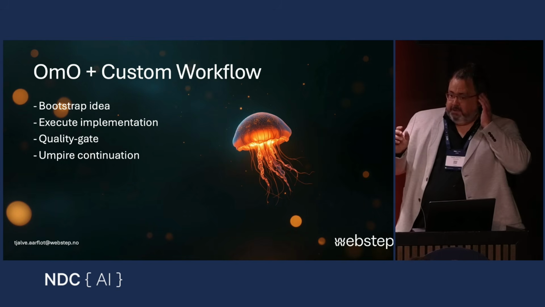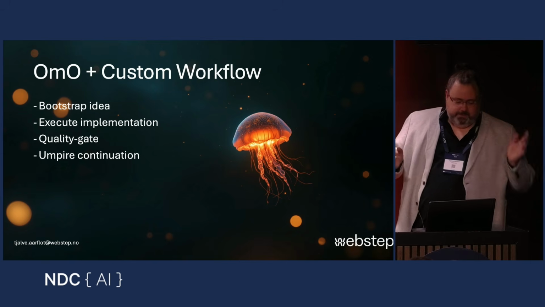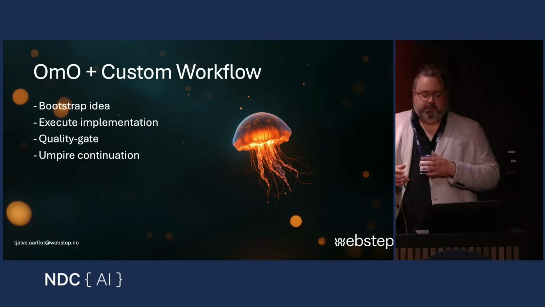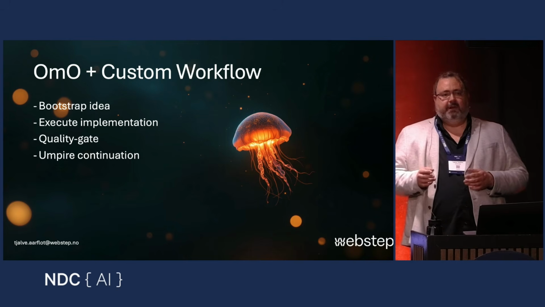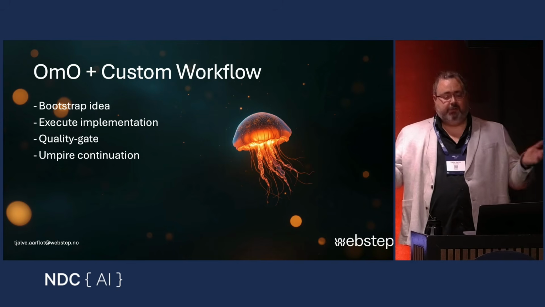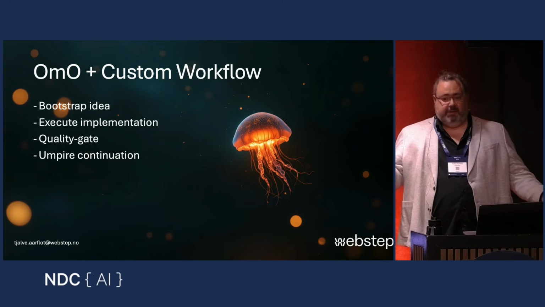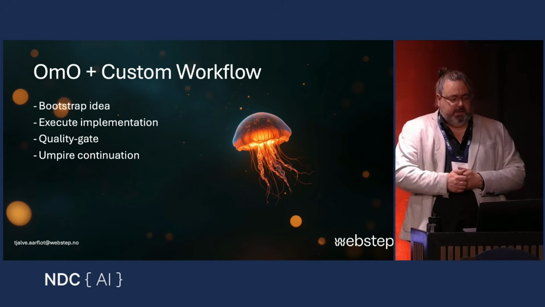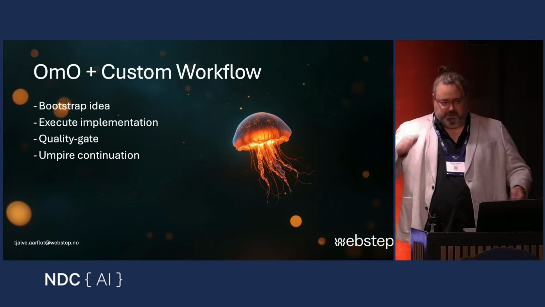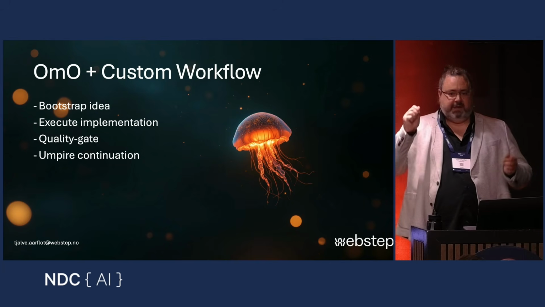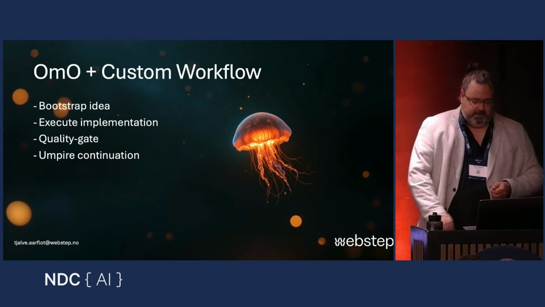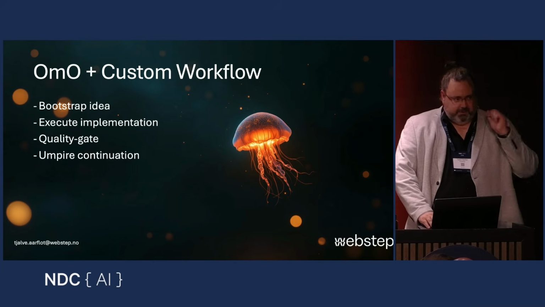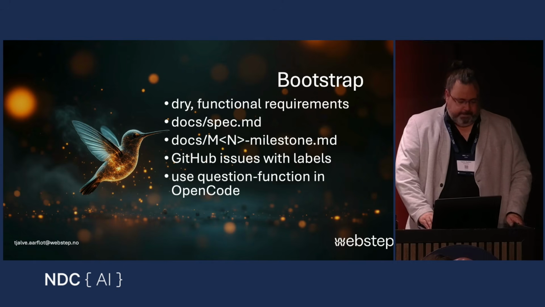I want it to have some sort of quality gate, so it doesn't write wrong things, doesn't write 10,000 line code files that are impossible to work with, etc. I want some sort of judge or umpire that makes the continuation work, whips it into continuing: don't stop working, continue working.